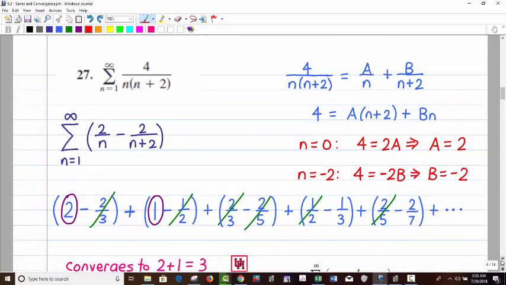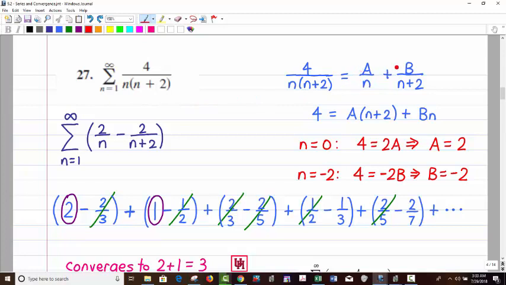Now here's one where you've got to do a little partial fraction decomposition. But the good news is, if you ever have to do this, they're going to be the easiest case, which is the distinct linear. So it will not be hard to break that down if you need to. And maybe you have to factor the denominator first, but this one's already factored.